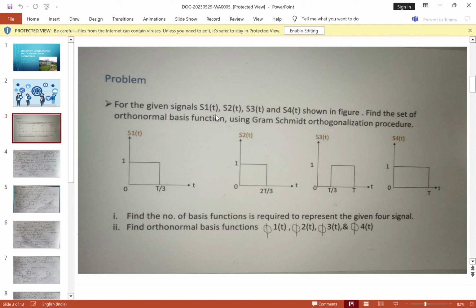That is the integral from 0 to 2T/3 of 1 times root of 3/T dt, which equals root of 3/T times 2T/3. That gives 2 root of T squared over 9 times 3/T, and cancelling terms we get 2 times root of T/3 as the answer. So g2(t) is equal to s2(t) minus 2 root of T/3 psi1(t).